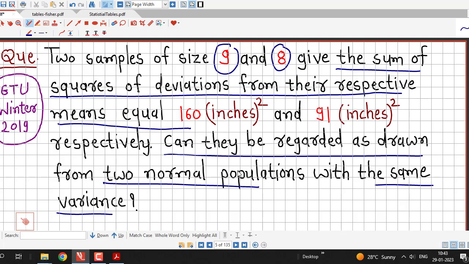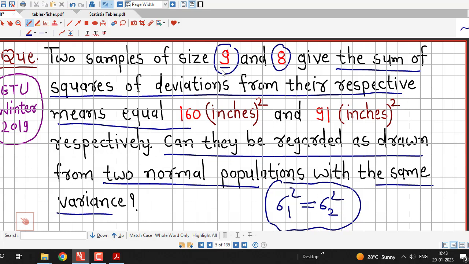So they have asked whether we can regard these two samples as from two normal populations whose variances are equal. So can we conclude from this data related to samples that population variances are also equal? That is the question which we have to answer here.